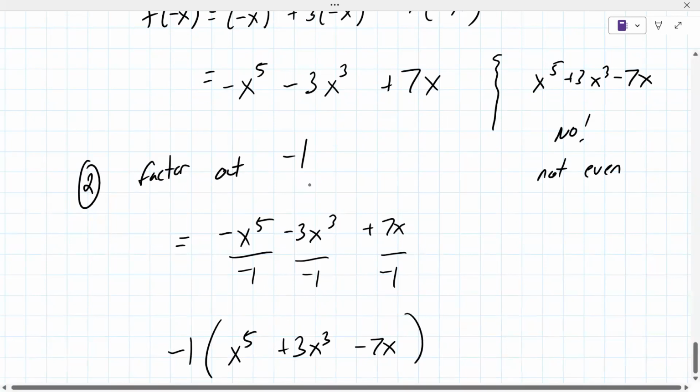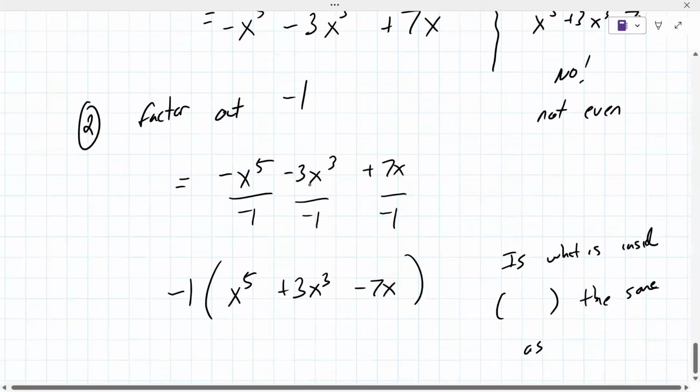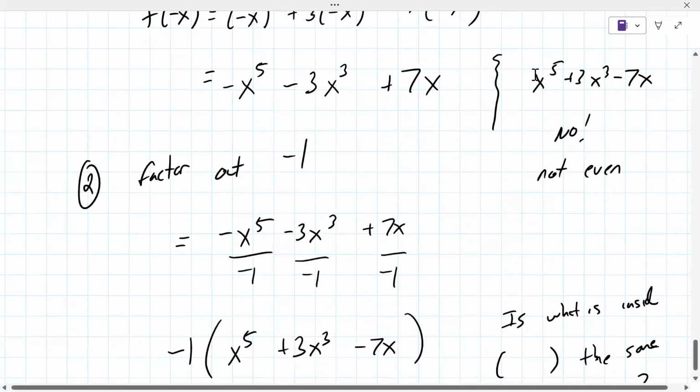Now you ask the same question: is what is inside parentheses the same as the original? The original is x to the fifth plus 3x cubed minus 7x.